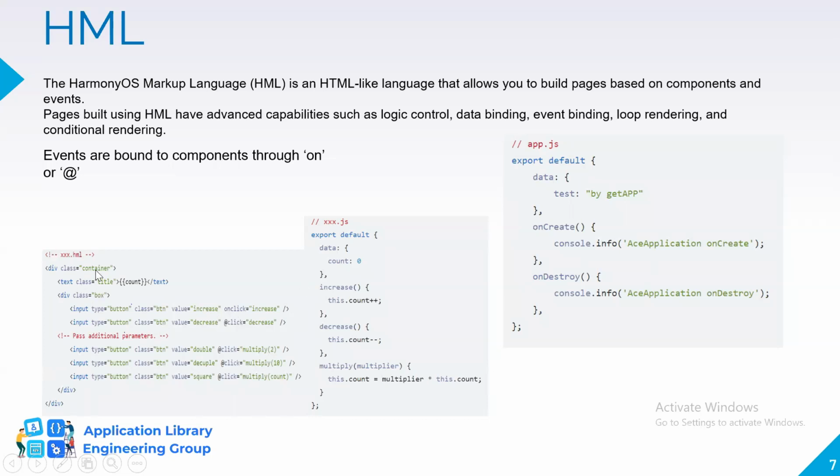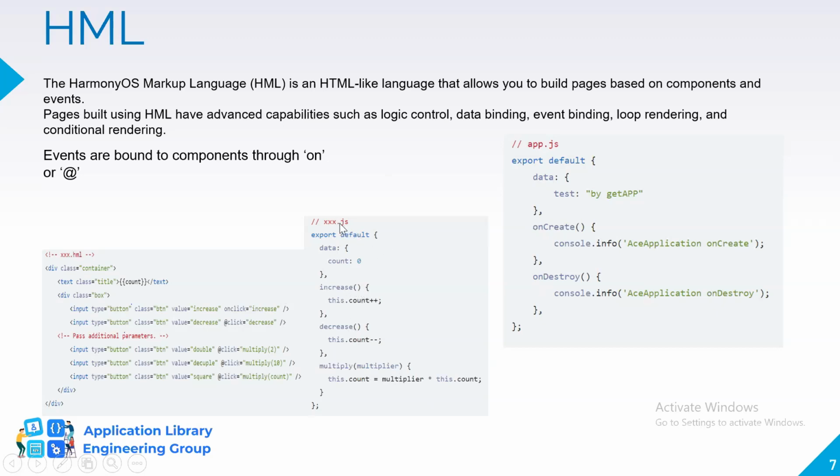For example, in this HTML file, there's one text box which prints some count, and there are 5 buttons to which events are added. When you click on this first button, on click of it, the increase function will be called, whose implementation you can find in the respective JS file.